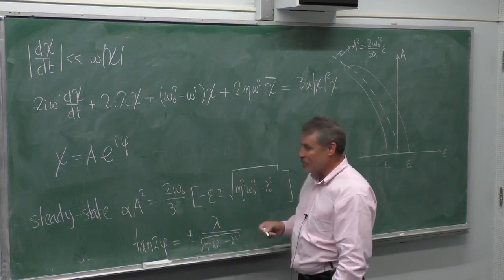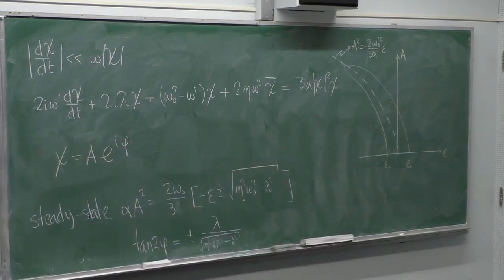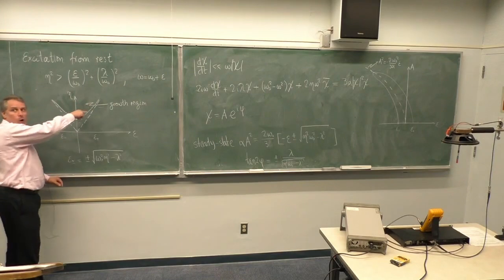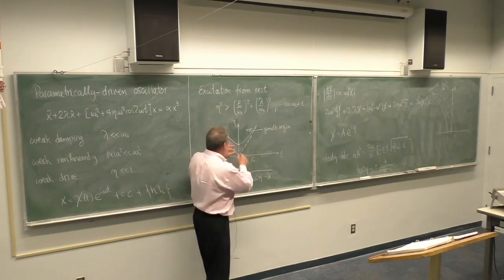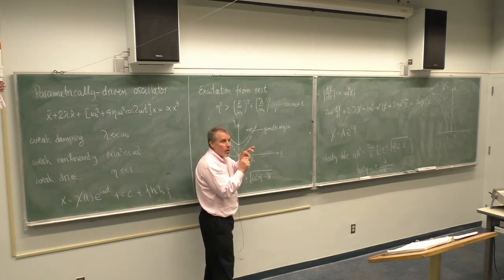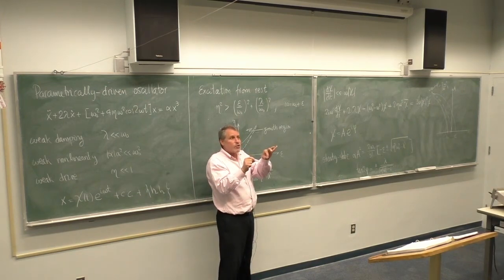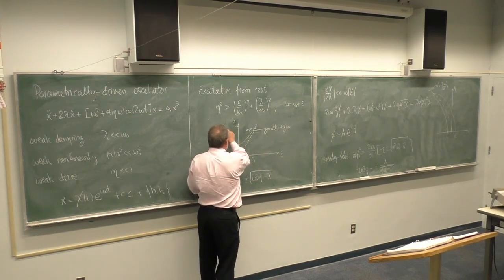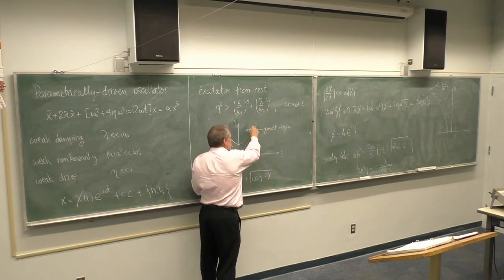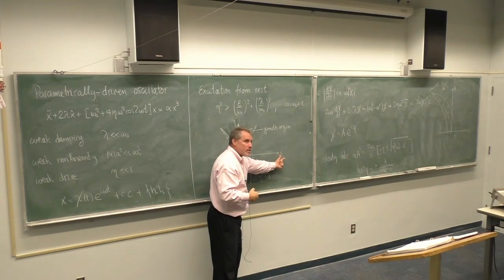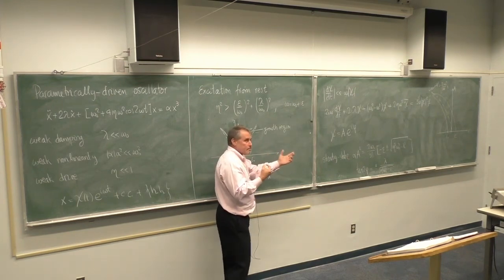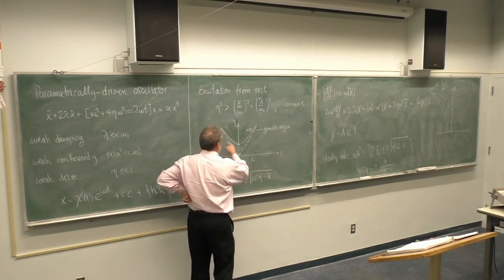That expression in the brackets being 0 corresponds to points along the curve. So everywhere when the nonlinearity is 0, the only steady state solutions that I can get are the ones that exist along this curve, for which the drive and the frequency difference between drive and natural frequency match.